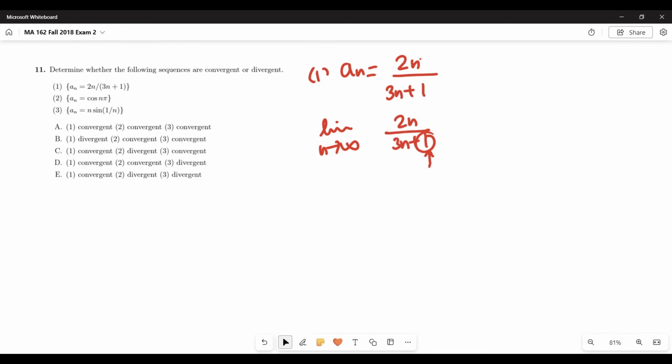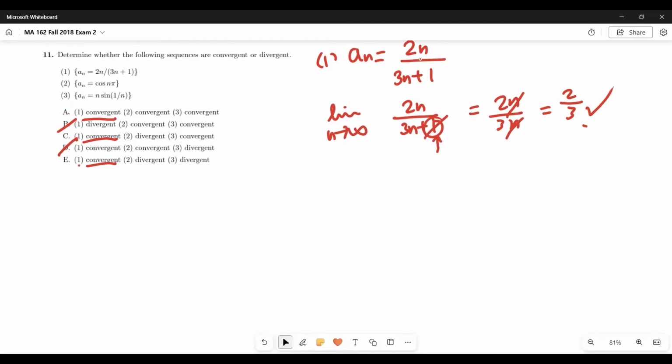So this thing is just 2n over 3n and can be cancelled out, so it's going to be 2 over 3. So this is actually convergent. So A is convergent. Okay, not B and D then. So A, C, E are convergent. I said A is convergent, meaning option number 1 is convergent. Sorry, I just got so used to saying option 1 is A.